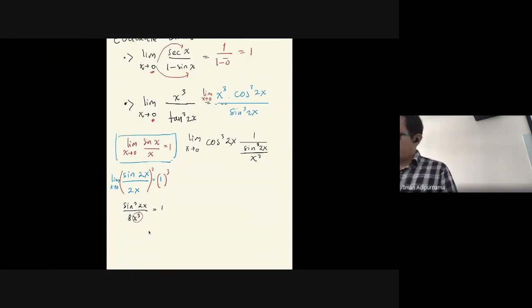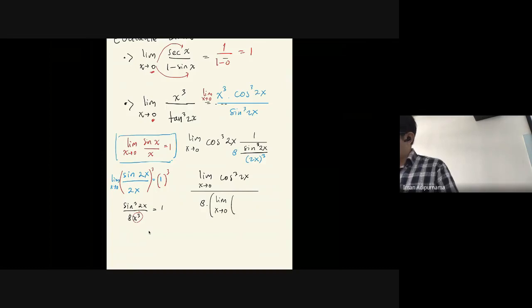So I will change this x cubed, and then I will have the limit as x approaches 0, 8, and inside I just write sine 2x over 2x, and then cubed.